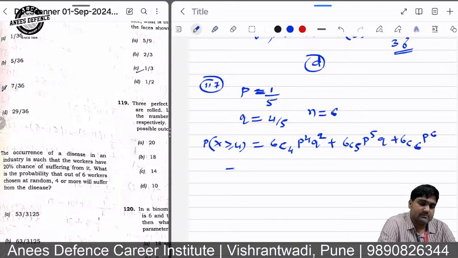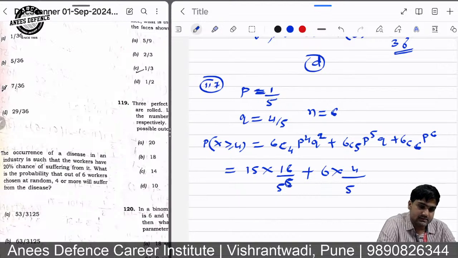So 6C4 is 15. So it's p to the power 4, q square is 16 upon 5 to the power 6. It's 4 upon 5 to the power 6, 1 into 1 upon 5 to the power 6.